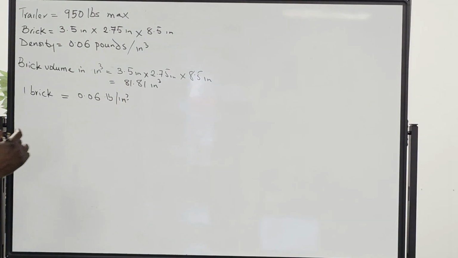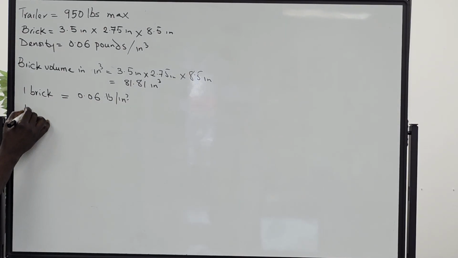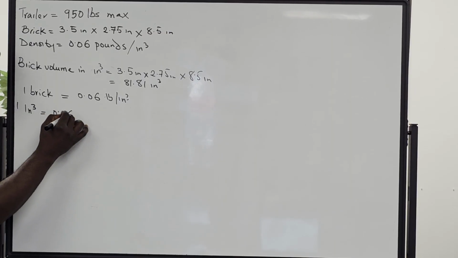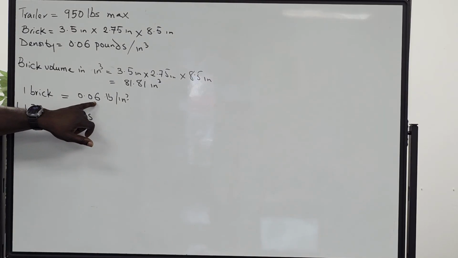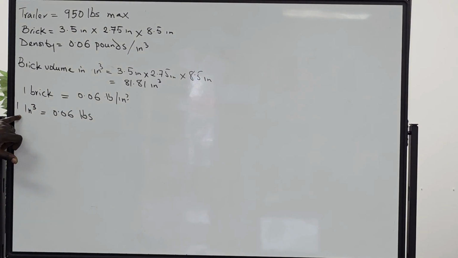What that tells me is that for every 1 inch cube, it is 0.06 pounds. One brick is 0.06 pounds per inch cube in density. So that 1 inch cube is 0.06 pounds.